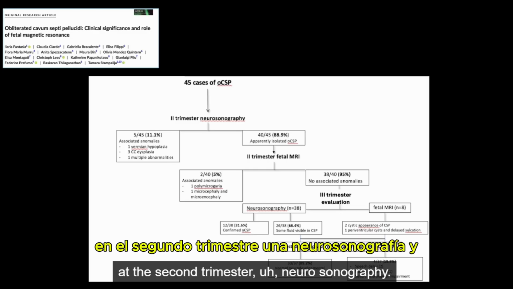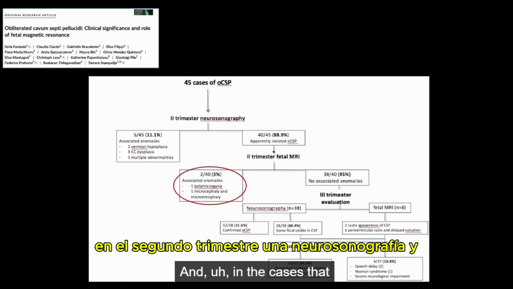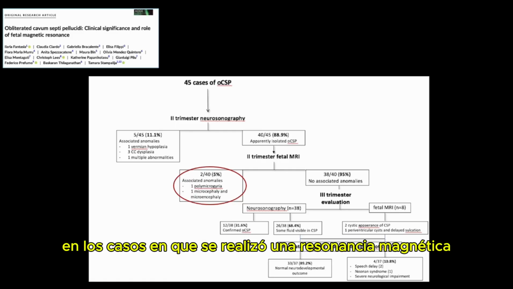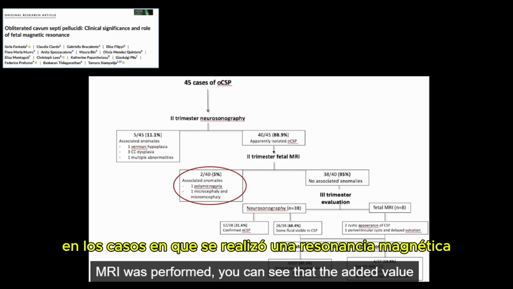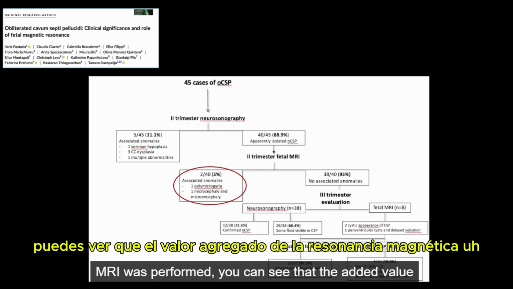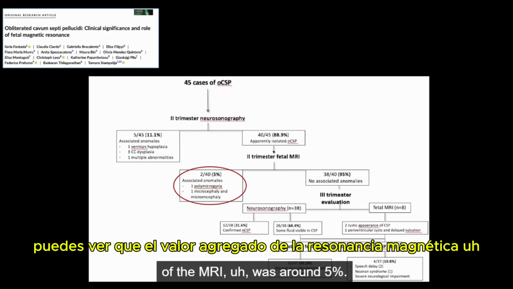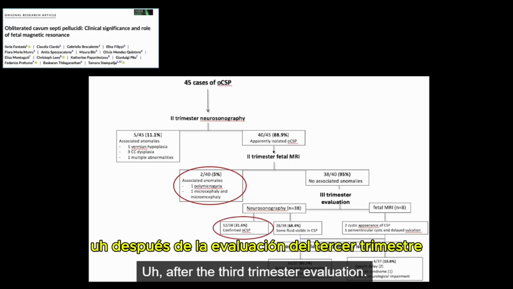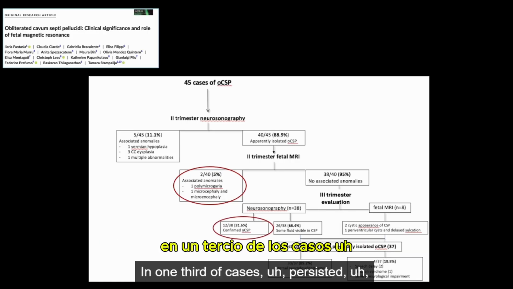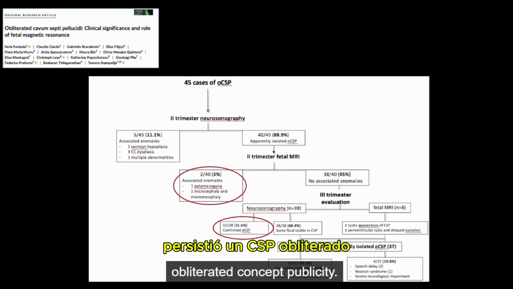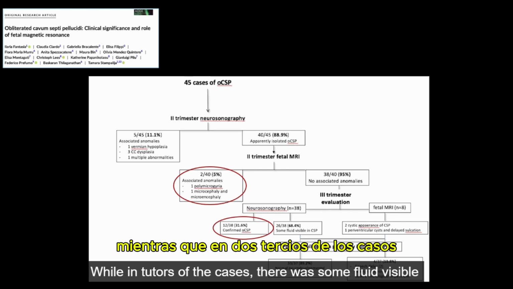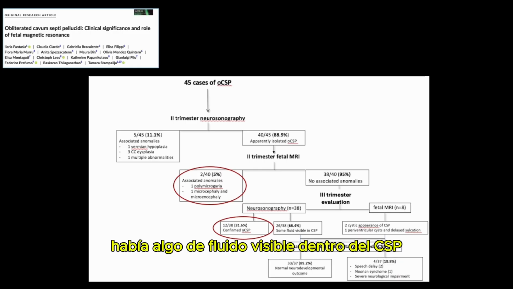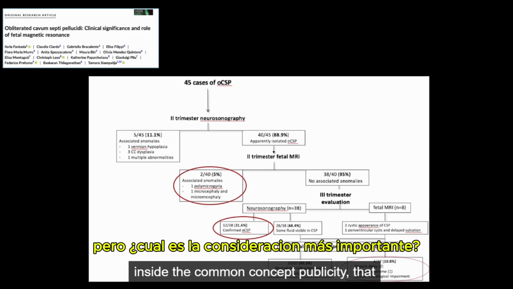In the cases where MRI was performed, the added value of the MRI was around 5%. After the third trimester evaluation, in one third of cases the obliterated cavum septum pellucidum persisted, while in two thirds of the cases there was some fluid visible inside the cavum septum pellucidum.